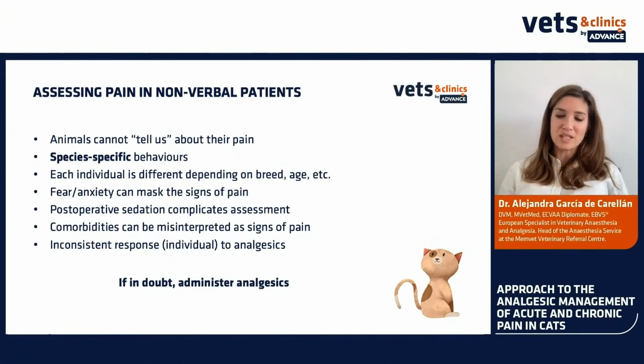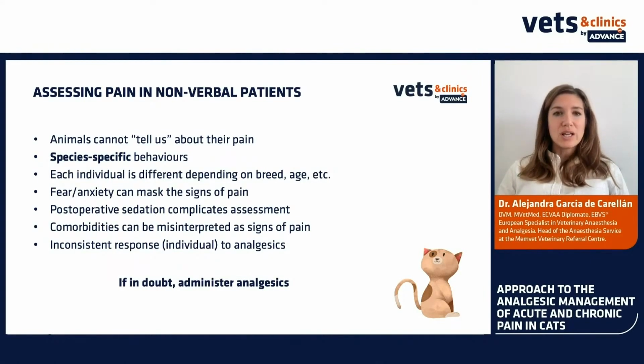It won't be the same for each cat. So every individual is different depending on breed, age, and many other things. Fear and anxiety can mask signs of pain as well. If the cat after a surgery is all day under the bed, hidden, it's really difficult to assess their specific behavior of pain.